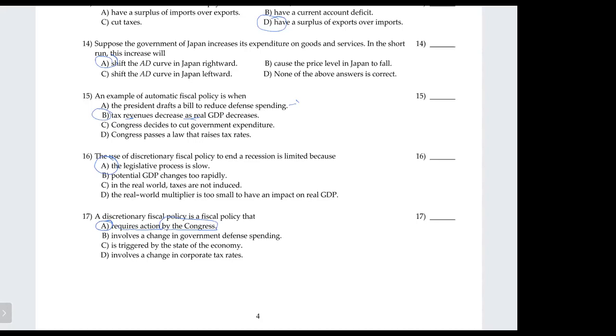Okay? And automatic fiscal policy doesn't need additional action from the policymaker, like your income tax. Okay? Like unemployment insurance benefit. But the extension of unemployment insurance benefit requires additional action from the policymaker.